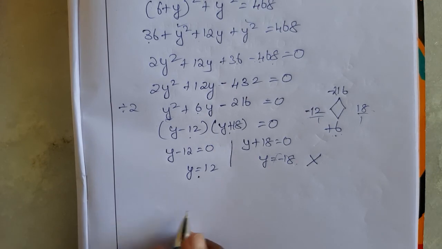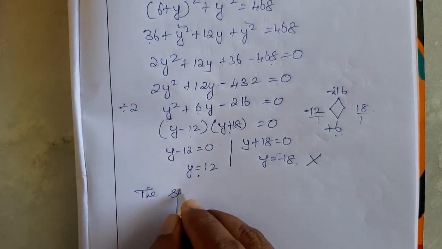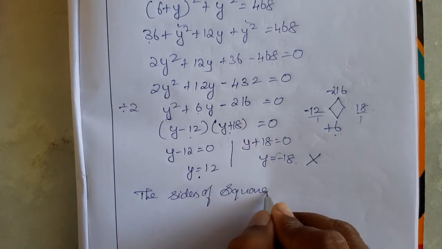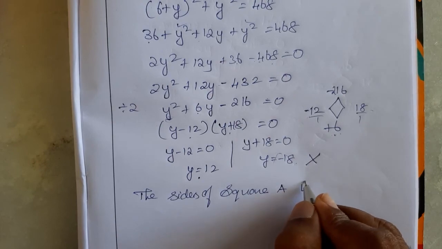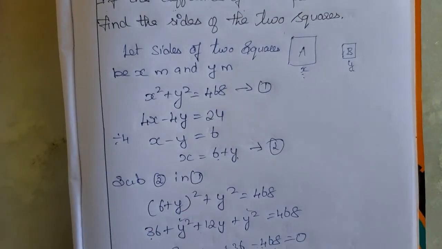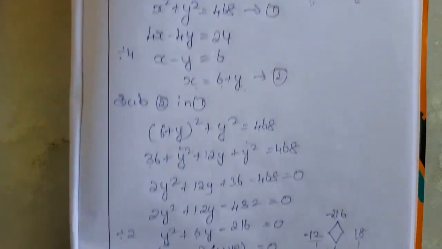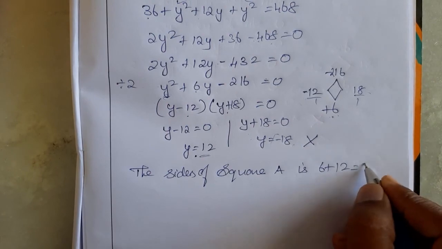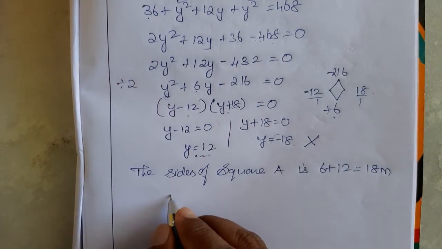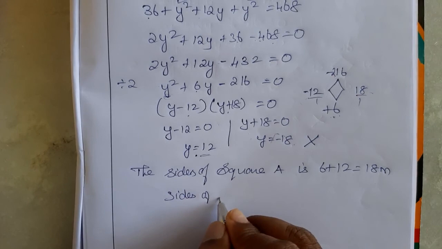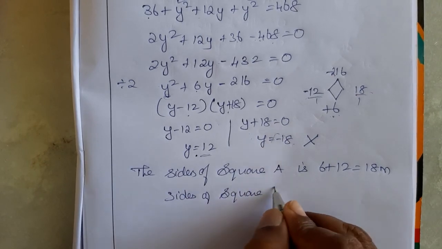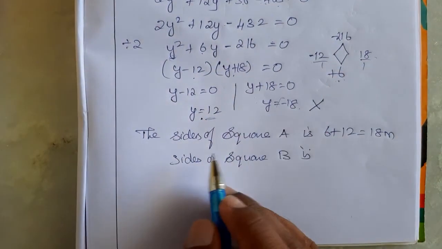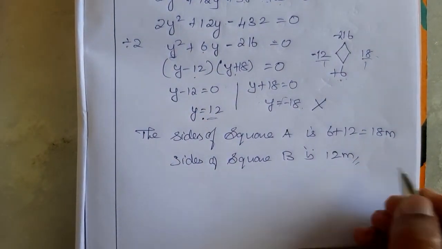So the side of square A, which we considered as x, is x equals 6 plus y, so 6 plus 12, which is 18 meters. The side of square B, which we considered as y, we directly obtained as 12 meters. That's it. Thank you.